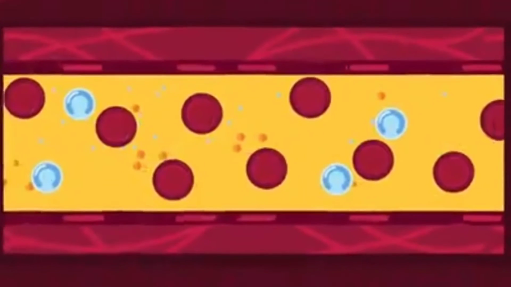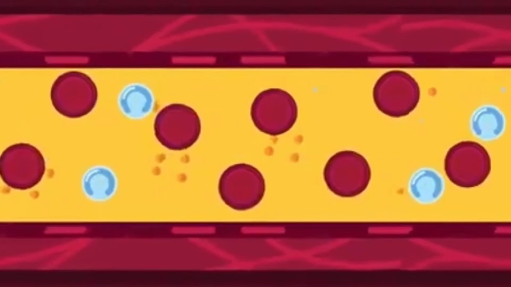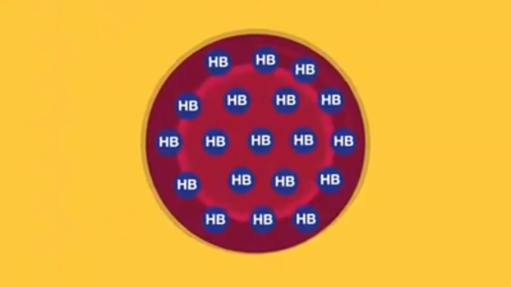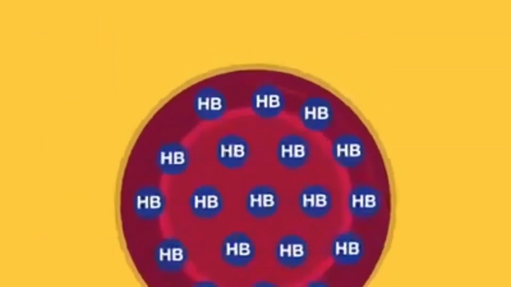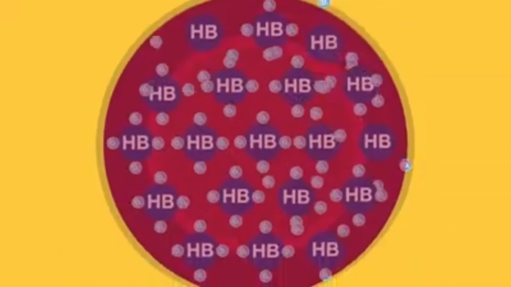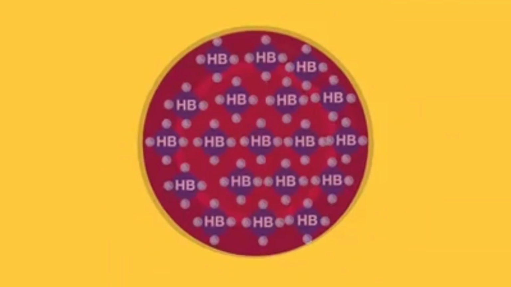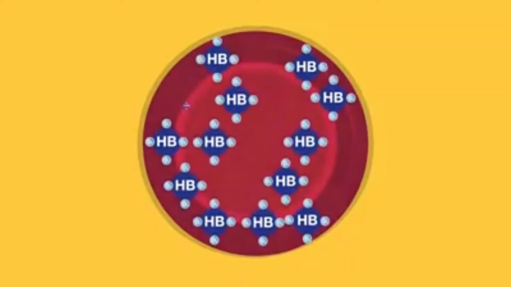Thalassemia is a group of inherited blood disorders. These disorders are caused by genetic mutations that prevent the normal production of hemoglobin. Hemoglobin is the carrier molecule which carries the oxygen obtained during the process of respiration. When red blood cells do not have enough hemoglobin, oxygen doesn't get to all parts of the body.